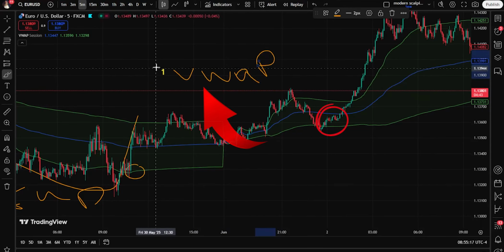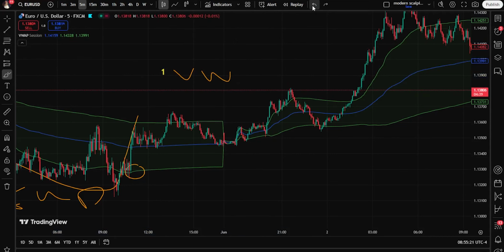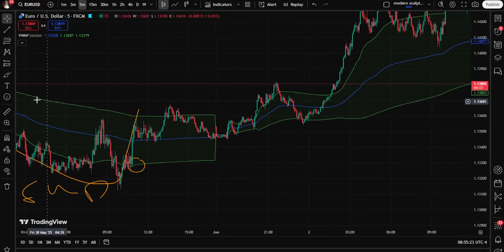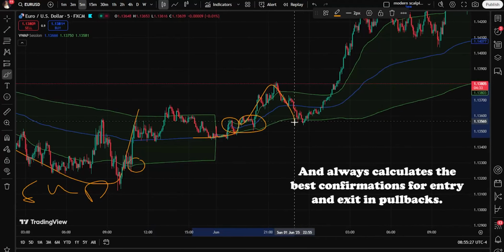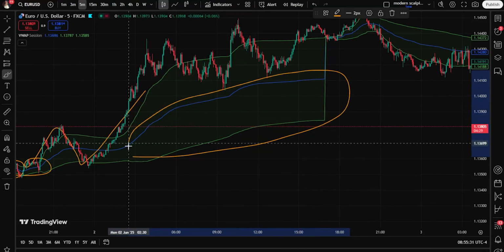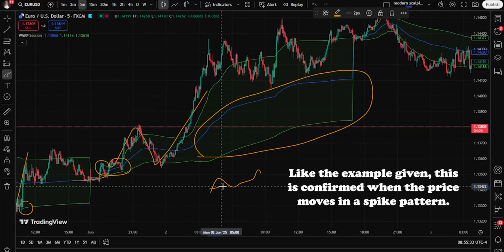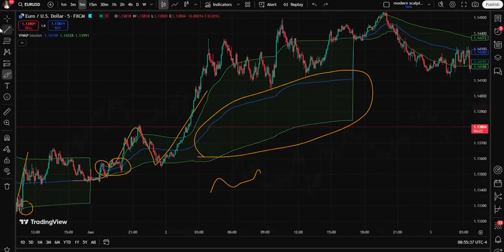If the price approaches VWAP and shows rejection through bullish or bearish candles, paired with volume confirmation, it often signals that institutional players are stepping in. This makes it a high probability entry point for scalping small, consistent gains in the direction of the dominant trend.